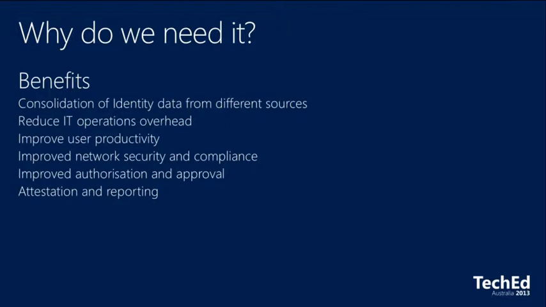There's improved user productivity through automation because the users will be able to do what they need to do on the day that they need to do it. Improved network security and compliance through increased visibility, and the application of business rules through automation, and attestation and reporting. So making sure that the users only have the rights they need to do their job.